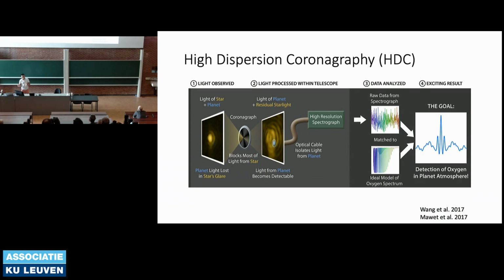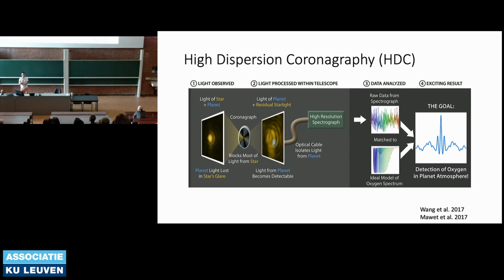But it's still not quite enough, right? Recall that the planet is 1,000,000 times fainter, and the coronagraph only reduces the light by about 100,000 times. So the planet light is still buried in these residual images, which are the ones after the coronagraph.